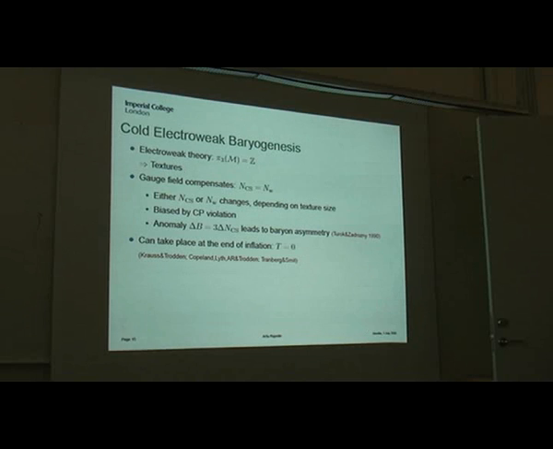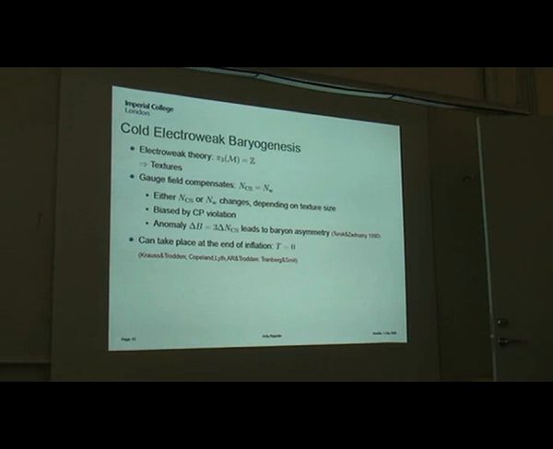And so this gives you a non-zero Chern-Simons number, but there is an anomaly, obviously, in the Electroweak Theory, the standard model, that relates the change of the Chern-Simons number to the change of baryon number. And so this process, therefore, gives you non-zero baryon number.